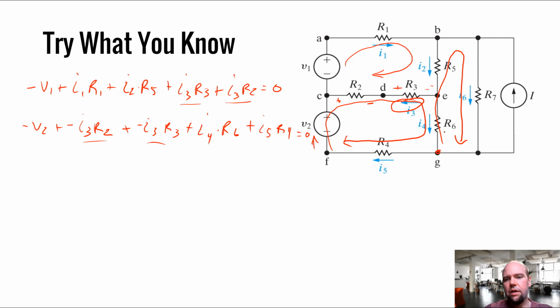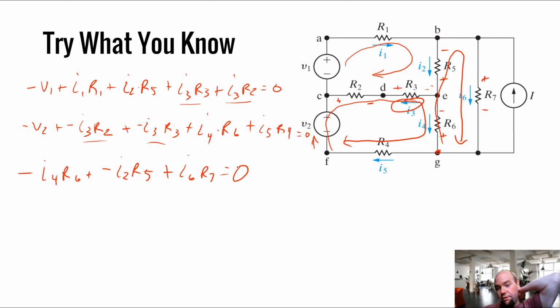So I want this drop, and I want this drop, and I want this drop. So we got negative I4 R6 plus negative I2 R5 plus I6 R7 equals 0.